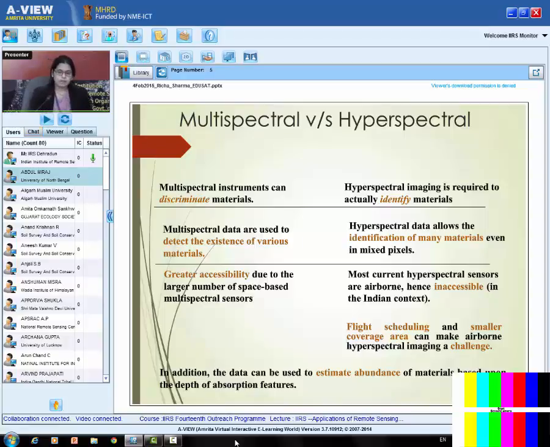When we go for airborne data, the flight scheduling, the coverage area and airborne hyperspectral imaging are a big challenge for us. But the spaceborne hyperspectral data we have is Hyperion, and that is freely available and can be used by Indians.